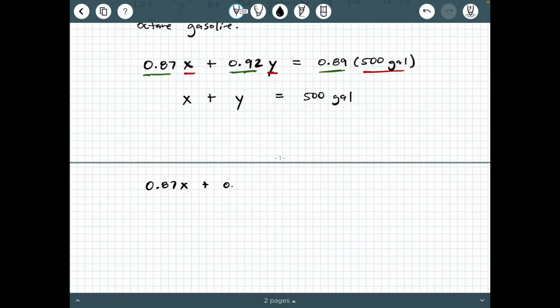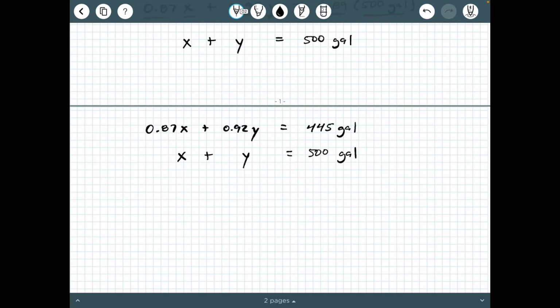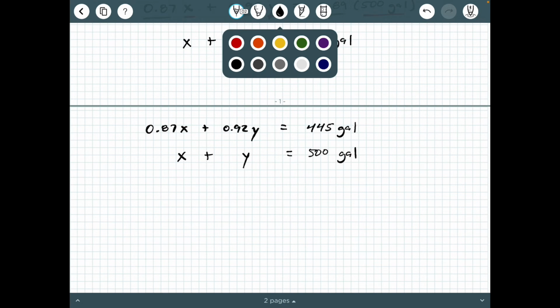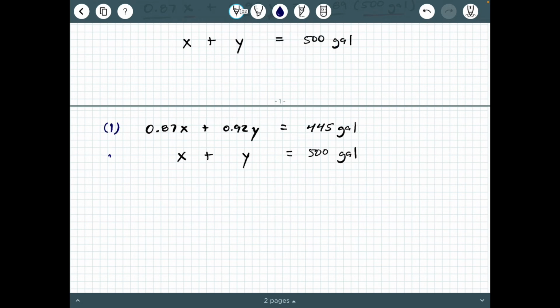So let's go ahead and write this out. 0.87x plus 0.92y equals, and I'm going to go ahead and multiply out 0.89 times 500 is 445 gallons. And then, of course, the second equation is still x plus y equals 500 gallons. And again, it's a simple two equations, two unknowns, so maybe substitution is more convenient. So how about we label these, maybe call this one equation 1 and equation 2. And I'm going to say from equation 2, what can we say?